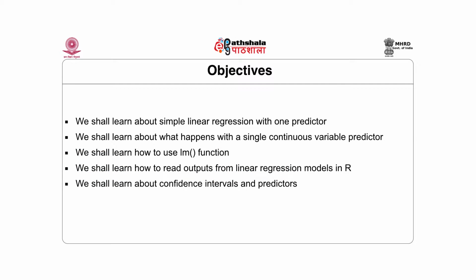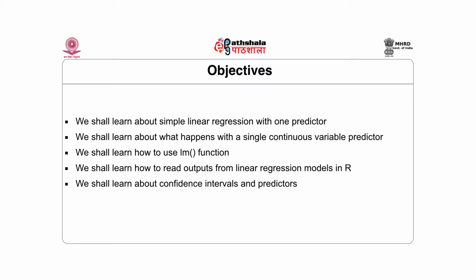In this, then, we are going to learn about simple linear regression with one predictor. Now, this means that you will have one outcome variable and one explanatory variable. So one predictor variable and one outcome variable, or what you could say, dependent variable.